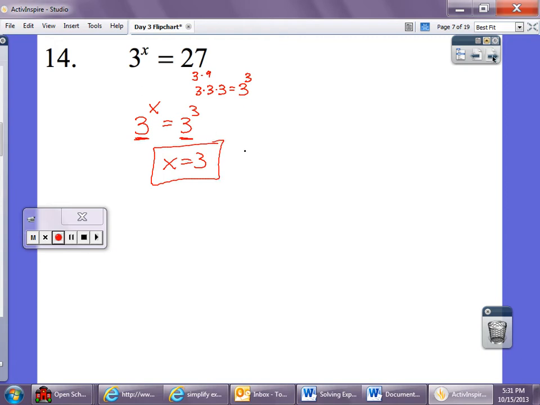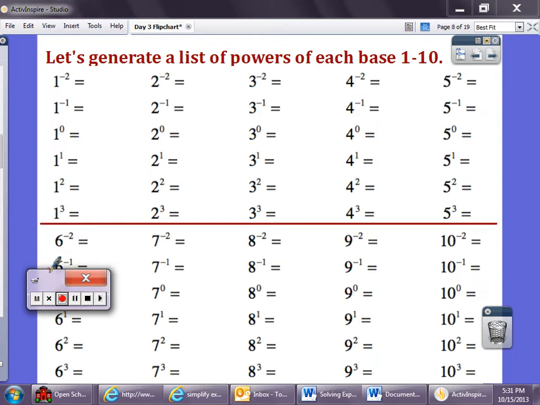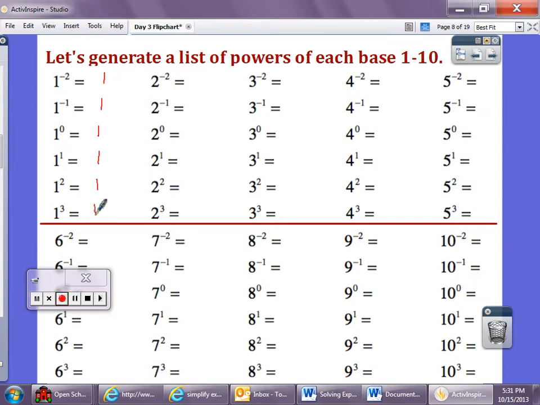Now we can fill in this chart. I'm quickly just going to fill in the chart. You can pause it and go back. All these are 1. 1 to any power is just 1. So 2 to the negative 2 is 1/4. This is 1/2. This is 1, 2, 4, 8. This is 1/9.